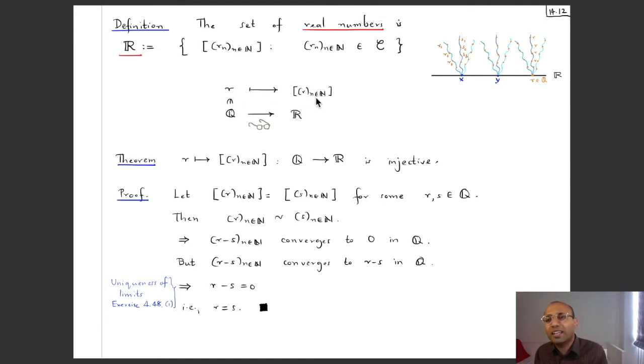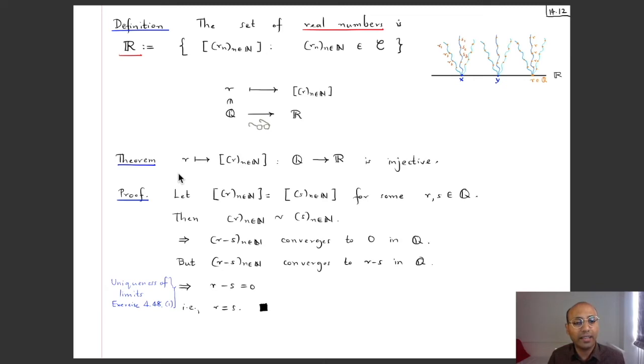Of course we can, namely the constant sequence. That's a sequence in Q, and the constant sequence is a Cauchy sequence, and it is in fact convergent with limit R. And so associated with this rational number R, we take the real number, which is the equivalence class containing the Cauchy sequence in Q, which is the constant sequence R, R, R, R, and so on.